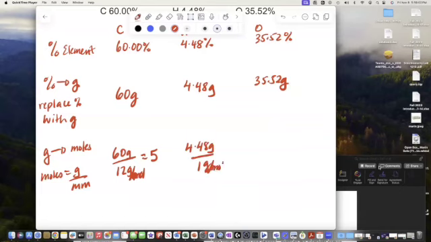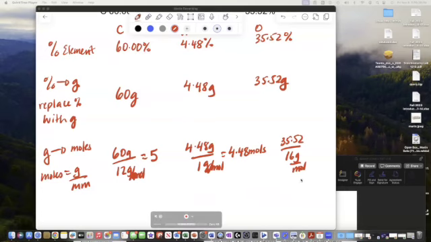I'm using abbreviated numbers here. We have 4.48 moles. And then we got 35.52 divided by 16 grams per mole. And over here, let me work this out. 35.52 divided by 16.